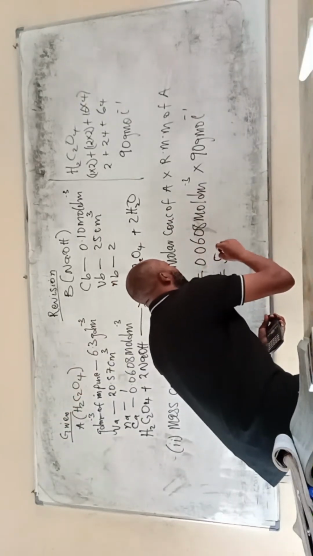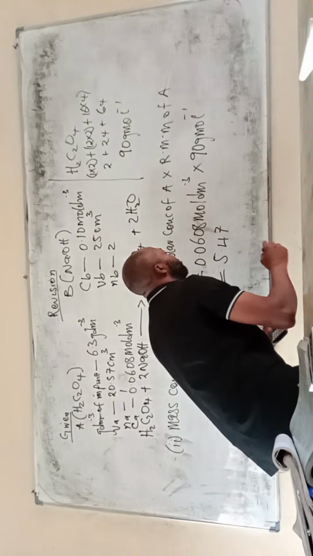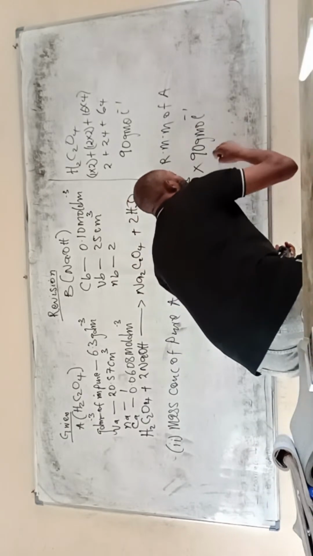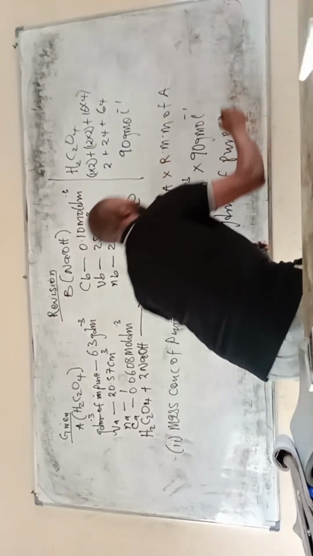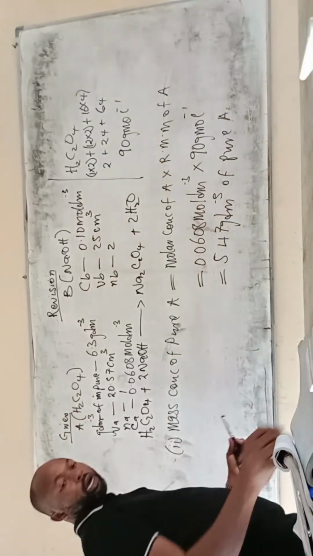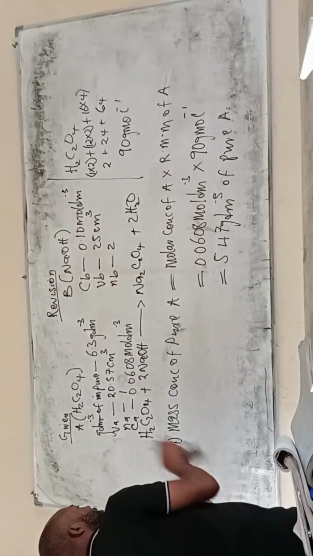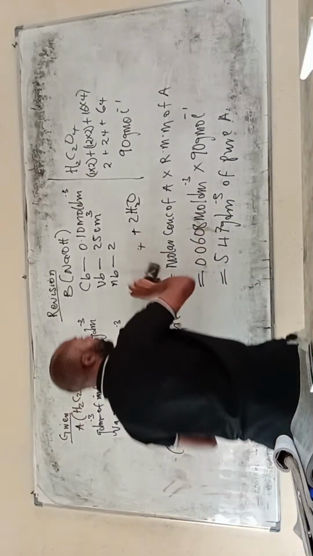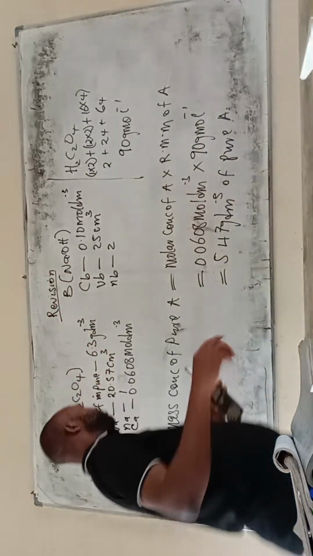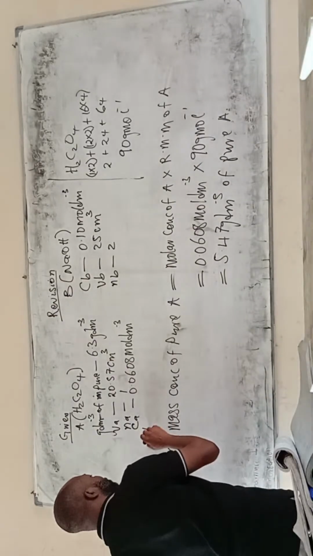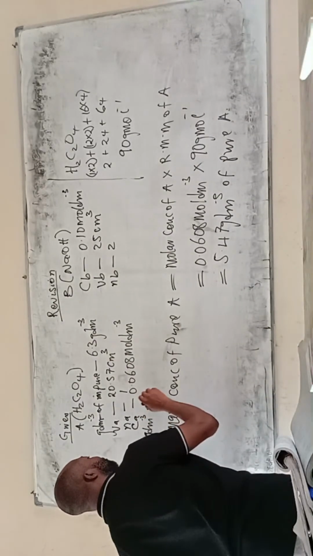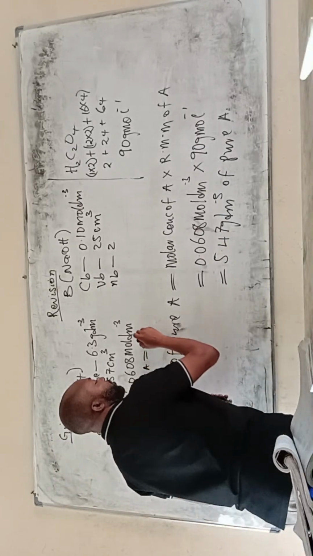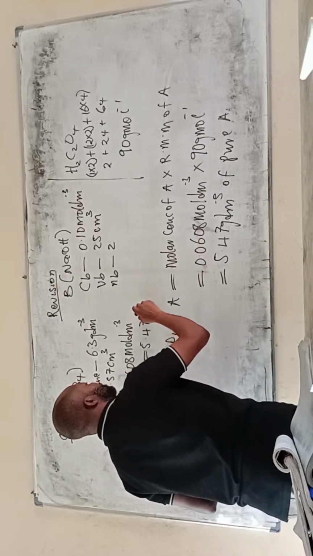I have 5.47 g/dm³ of pure A. Now it's time for me to take out the equation of reaction so that I can add more to what is required. g/dm³ of pure A is equal to 5.47 g/dm³.